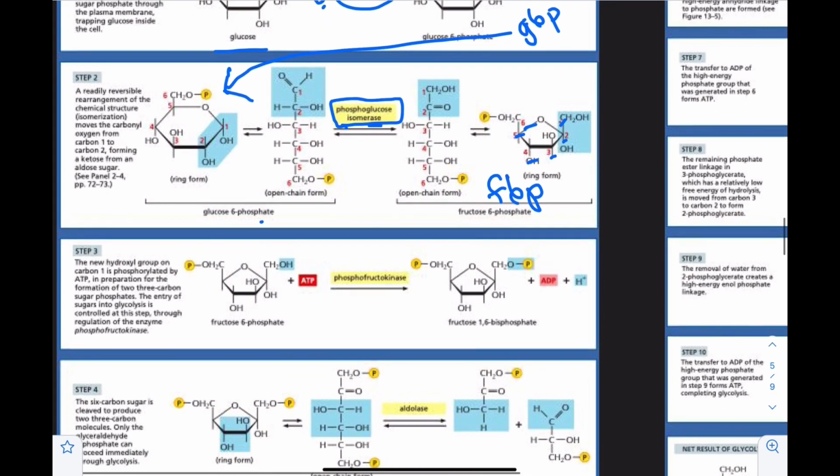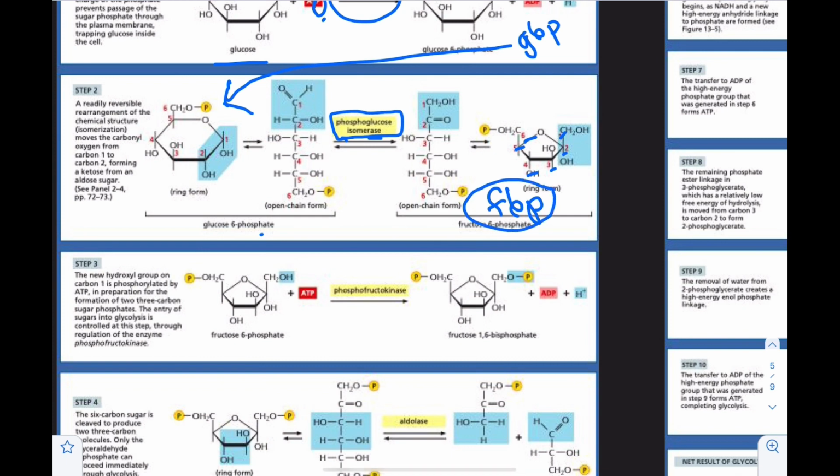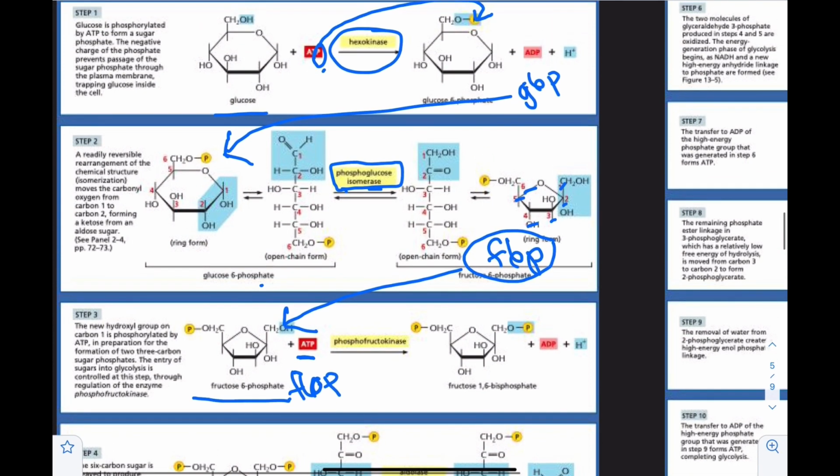And then what happens here with F6P is that it's actually phosphorylated. Here we have ATP again. So ATP is invested in step 1 and step 3, with the help of a kinase, phosphofructokinase, because we have fructose that's getting phosphorylated.